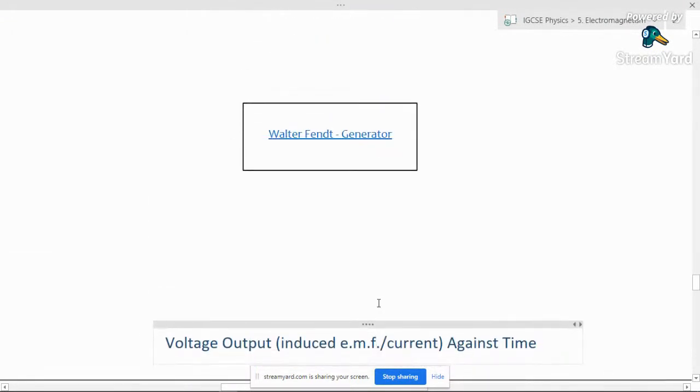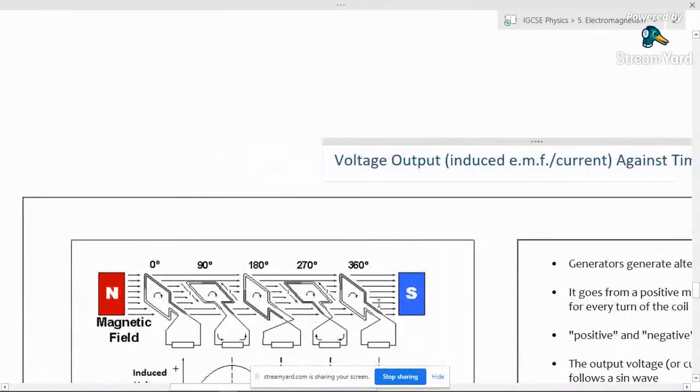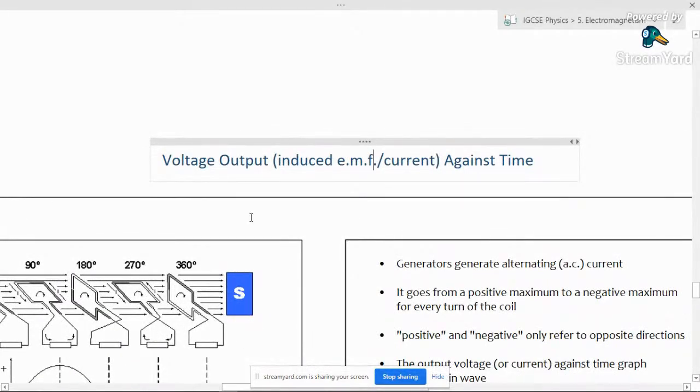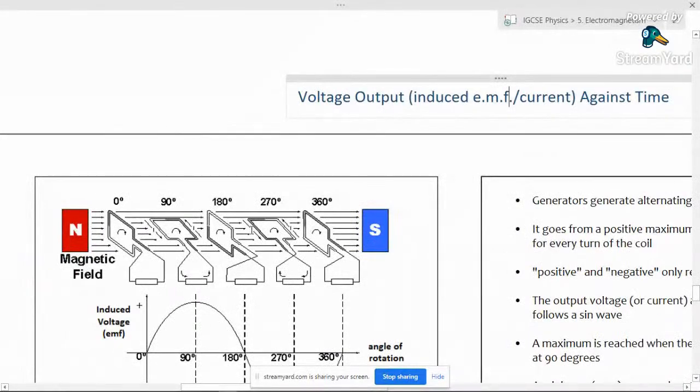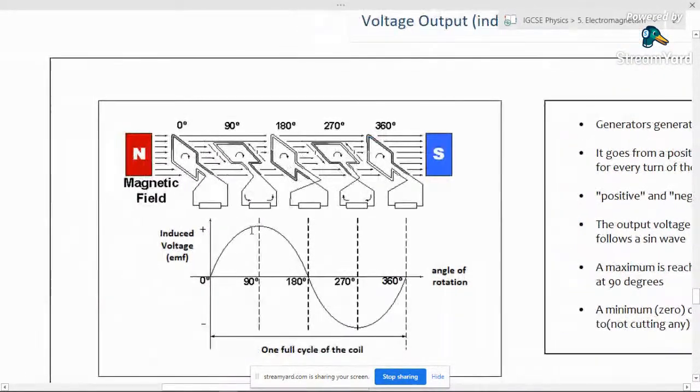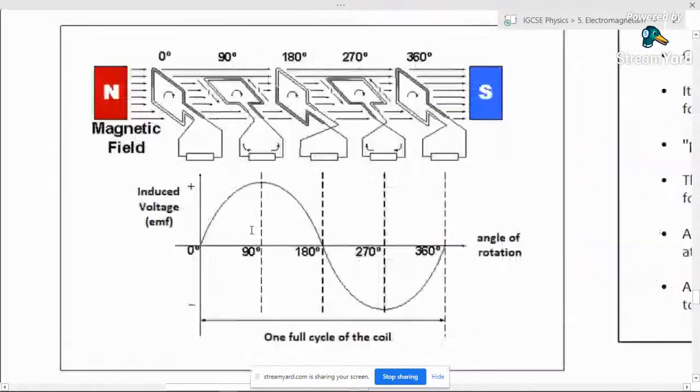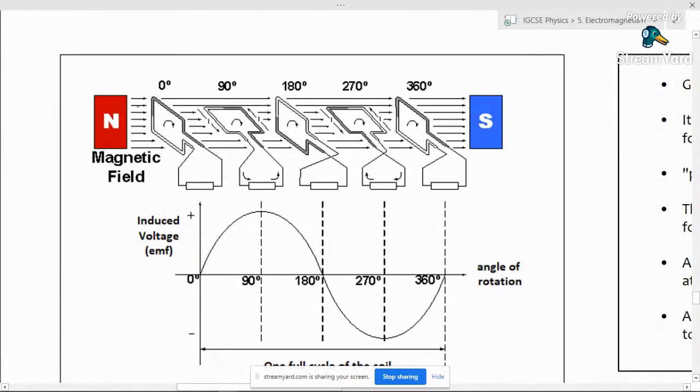Okay, so now let's consider the induced EMF, how that changes as the coil rotates. We're going to start right here in this first position. If this wire is turning clockwise, as in each case, we'll consider this grayed part of the wire up here.